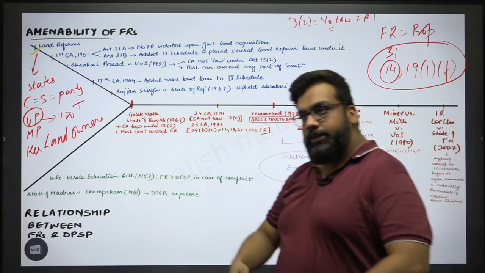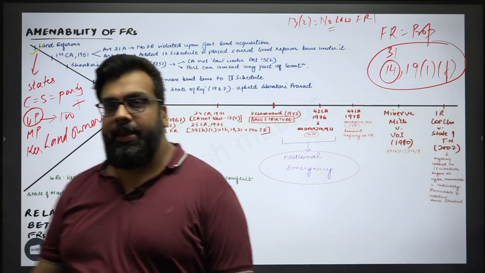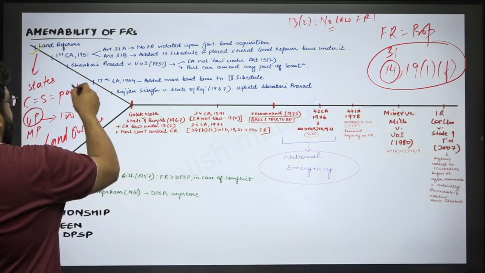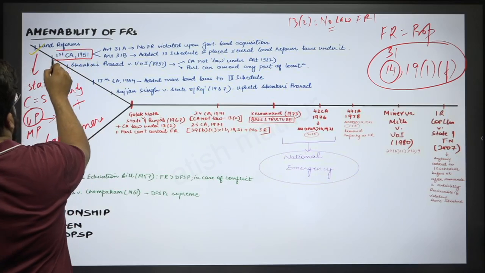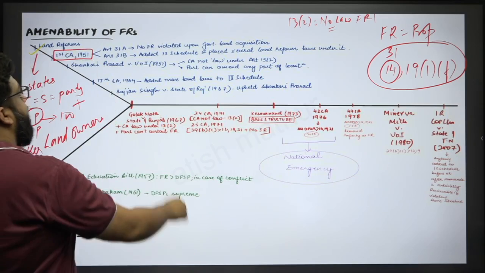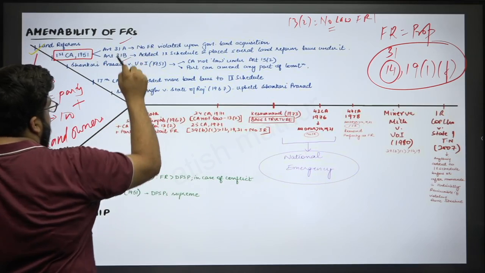Of course, the petitions started getting entertained by the courts, and as a response to these petitions, the government enacted something called the First Constitutional Amendment of 1951, wherein they added two articles, 31A and 31B.